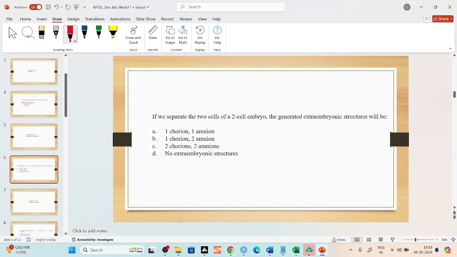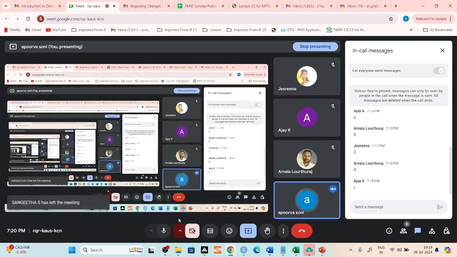Let us see. The correct answer is C, that is two chorions and two amnions. Now, can anybody tell me the difference between chorion and amnion? Does anybody know the difference?